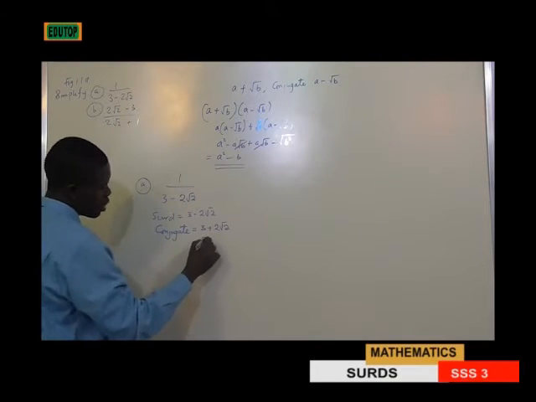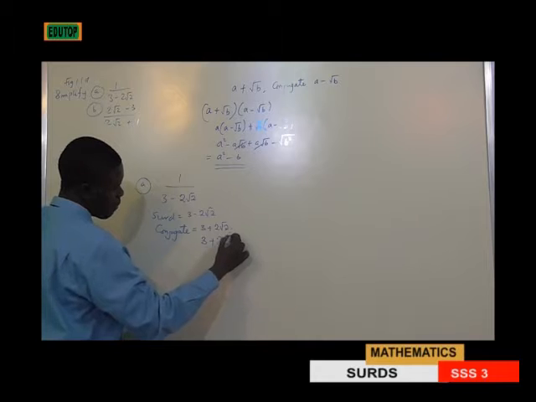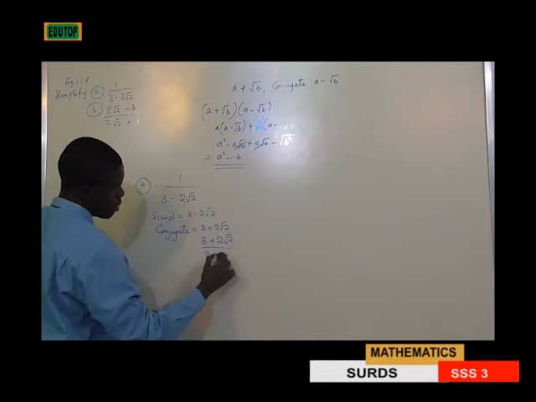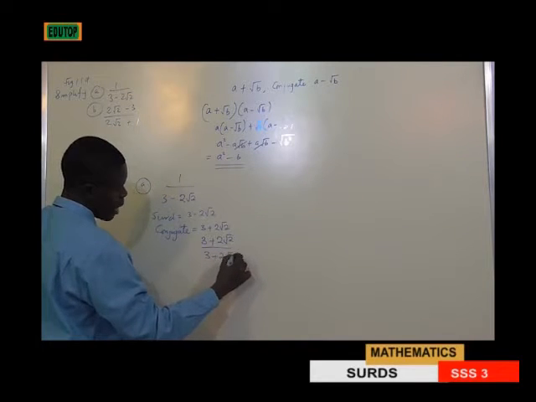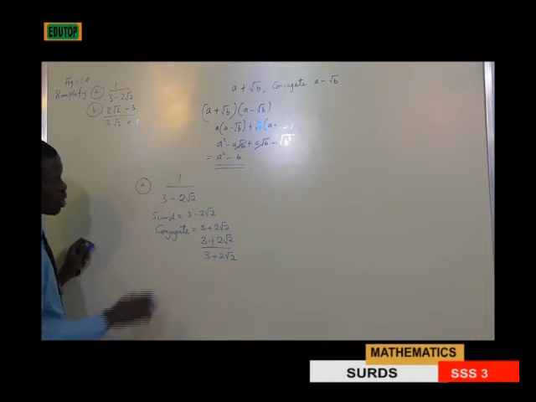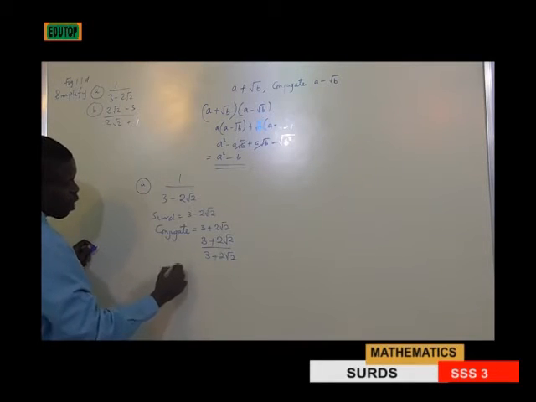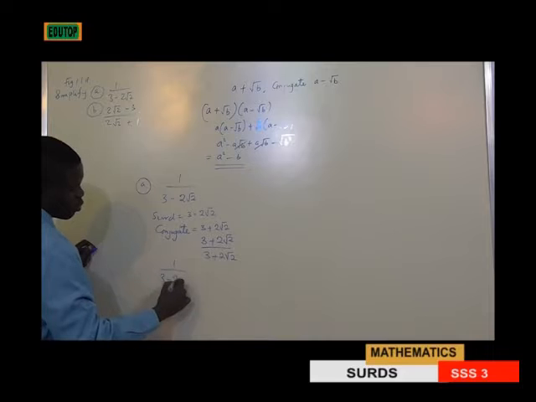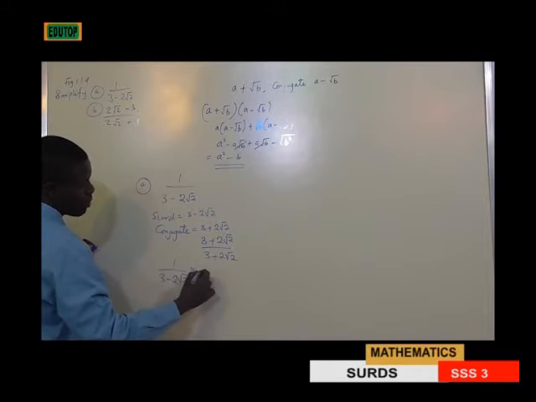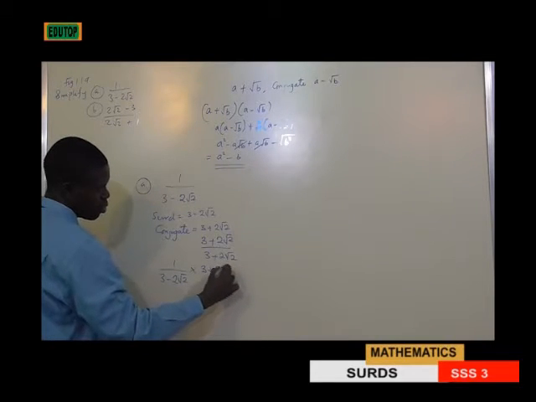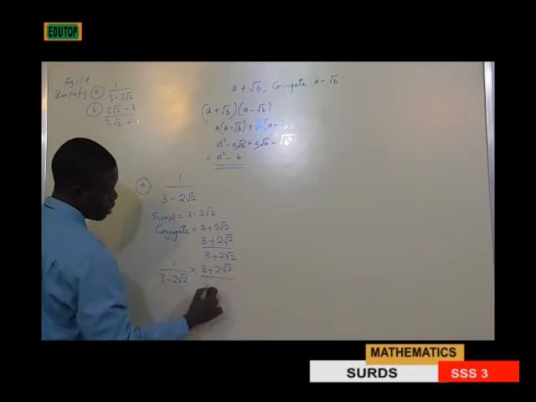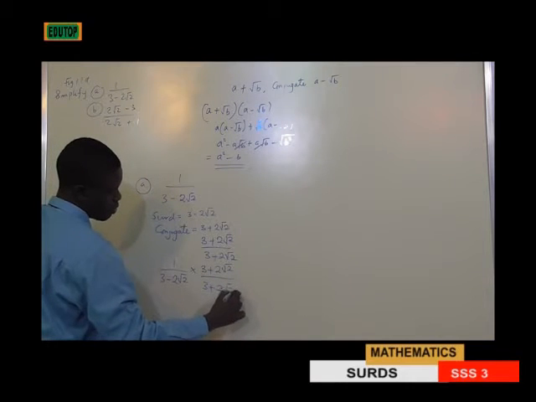So we are meant to take the fraction of that by itself, then use it to multiply the original surd. And this is the original surd here. So we have 1 over 3 minus 2 root 2 times 3 plus 2 root 2 over 3 plus 2 root 2.